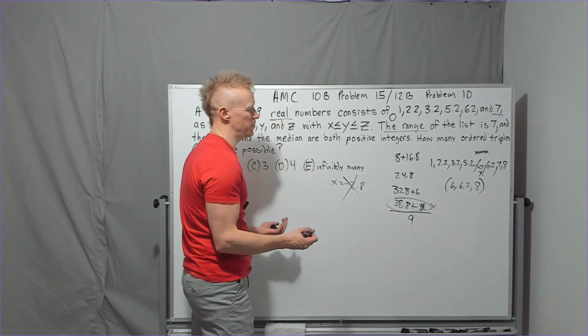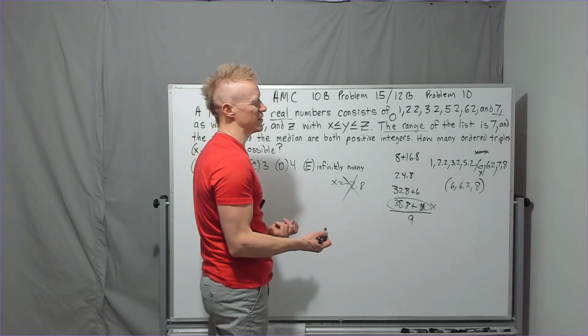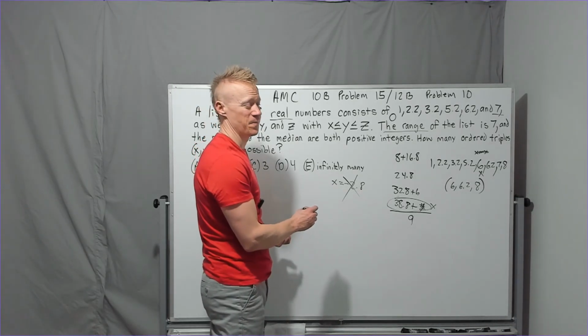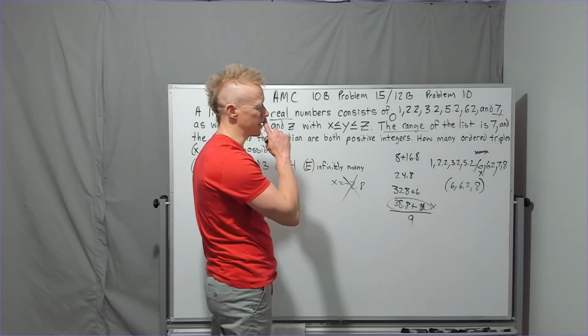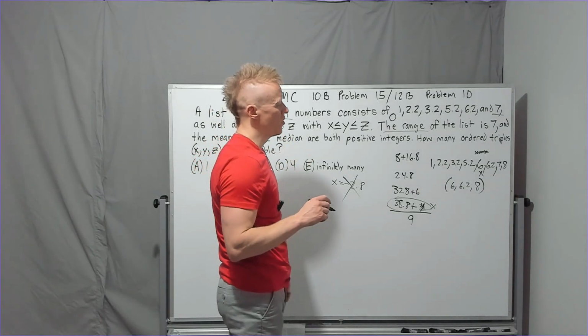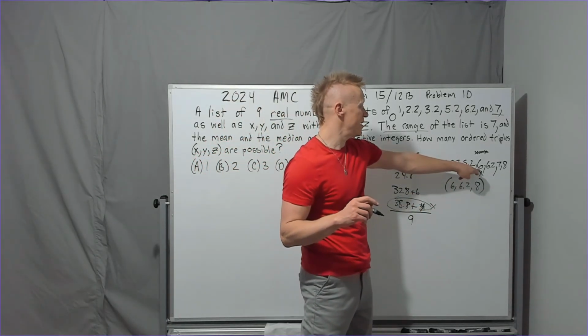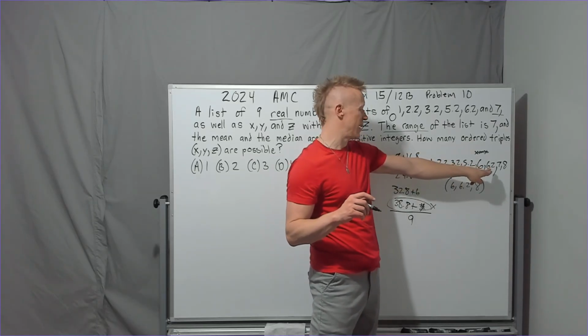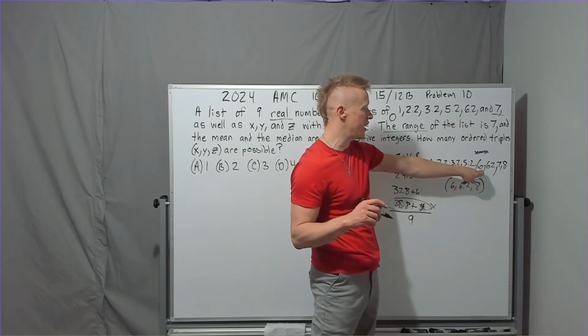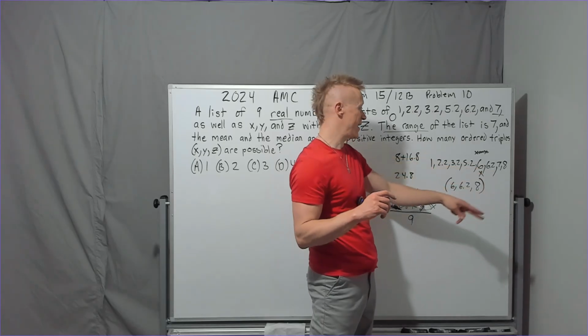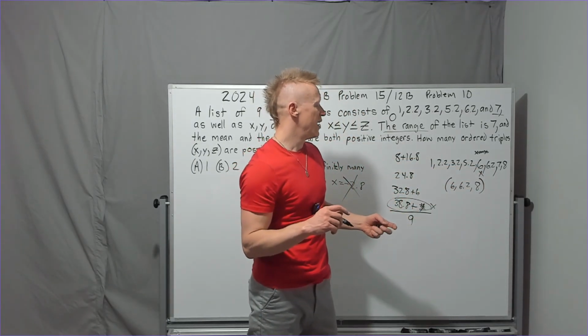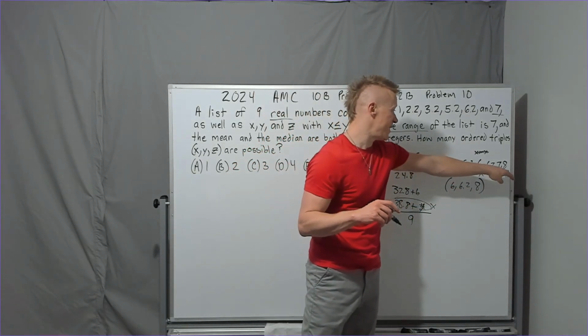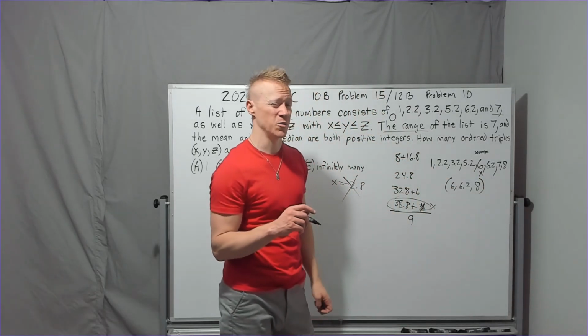So the next thing that you would ask is, okay, what happens if z is not 8? And so you say, okay, maybe then, well, what if we focused on the median? If I make the median between the 5.2 and the 6.2, the only option is 6, and that's going to end up forcing the 8 and 6.2 choice as well.